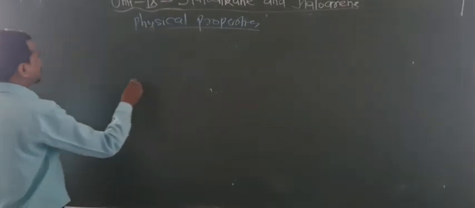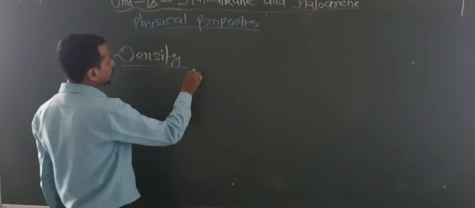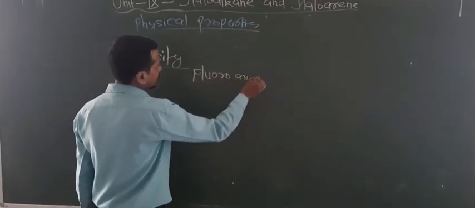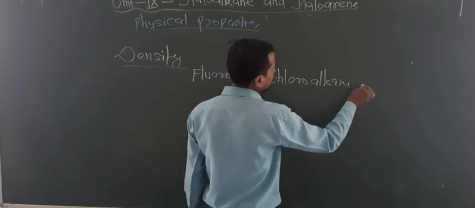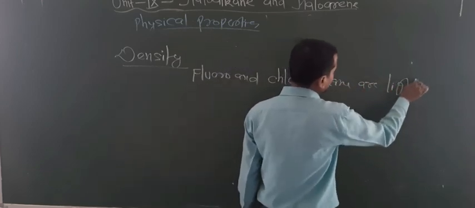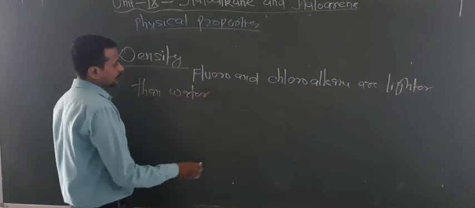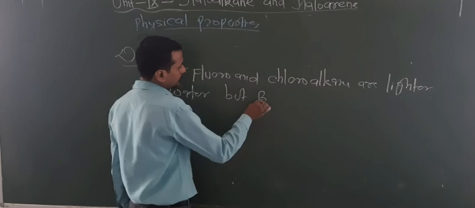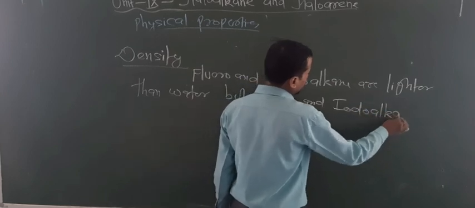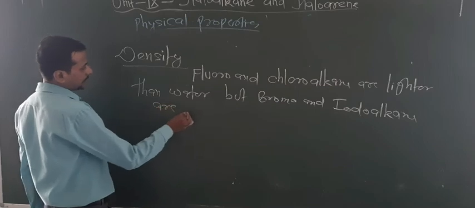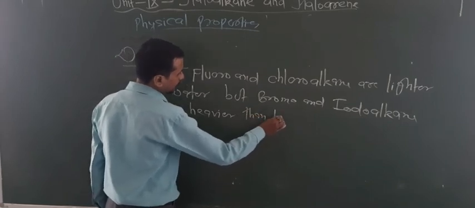So now look about this, the density: fluoro and chloro alkanes are lighter than water, but bromo and iodoalkanes are heavier than water.